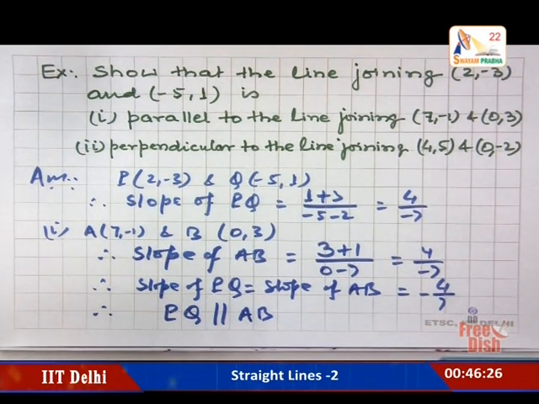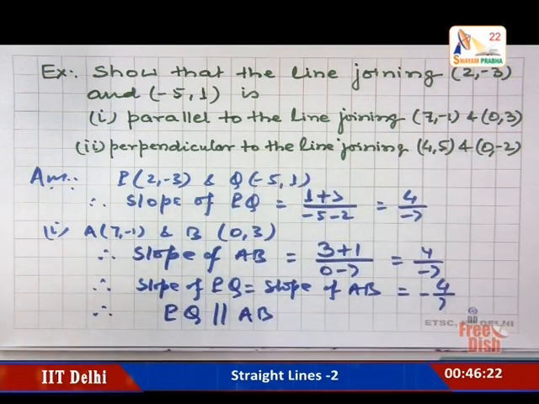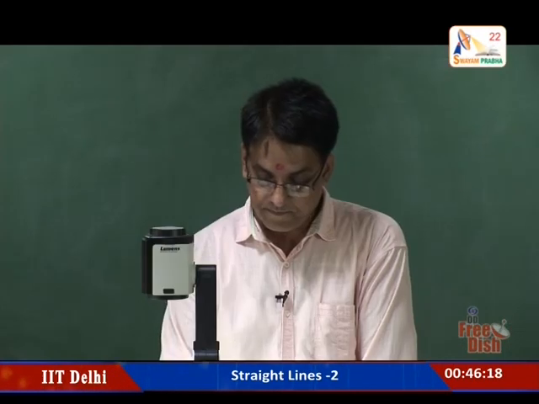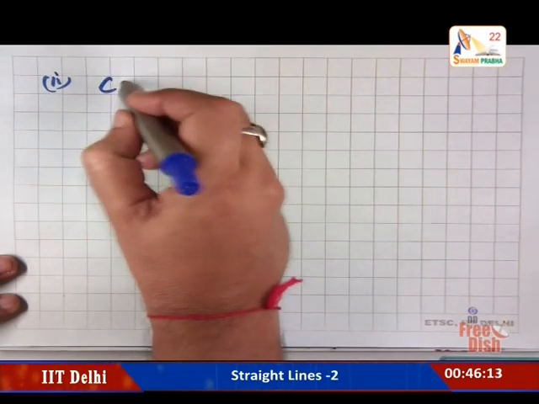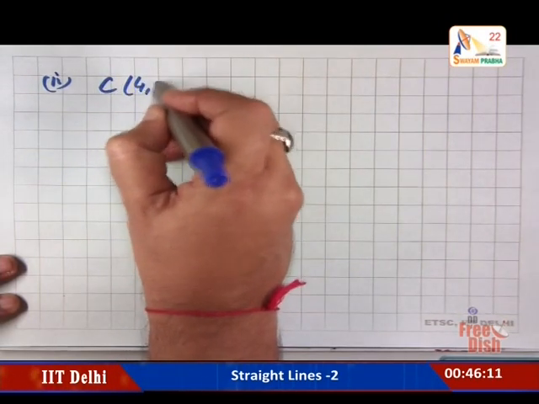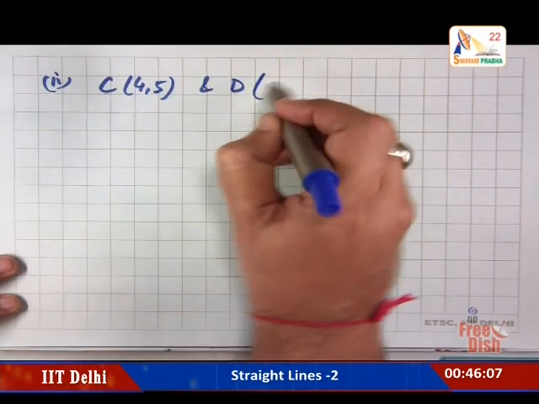Now we have to show that the line passing through these 2 points 4 5 and 0 minus 2 is perpendicular to PQ. Again name it C 4 5 and D 0 minus 2.